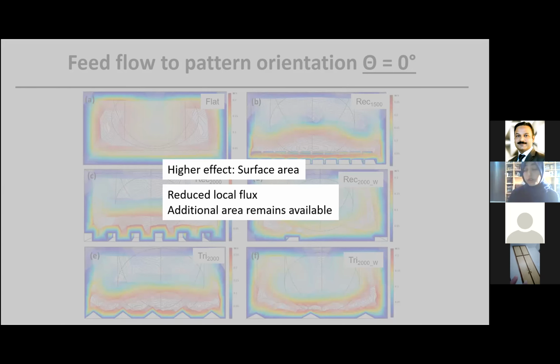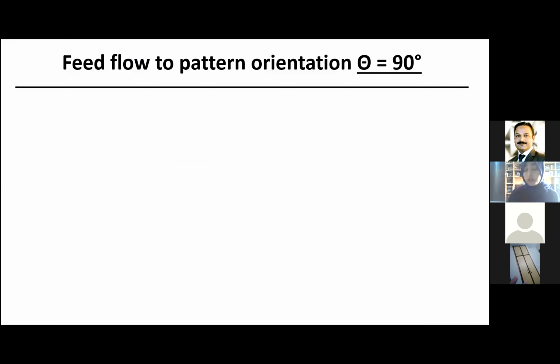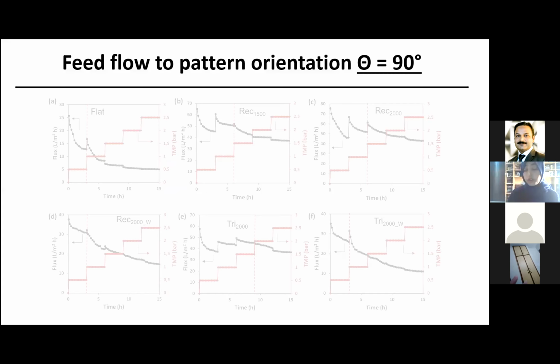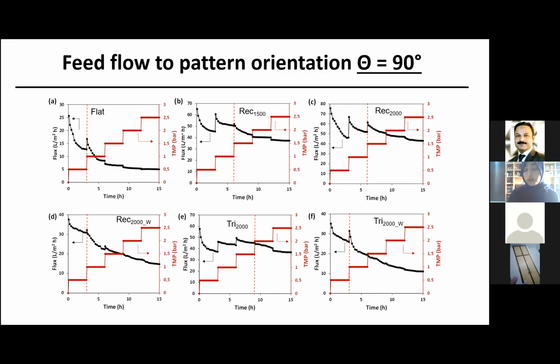So now coming to the same observation for the perpendicular direction, similarly, the critical pressure was again higher for these homogeneously patterned membranes. But the value was highest for the triangular pattern membrane as compared to rectangular ones, suggesting now that there is more effect of hydrodynamics.